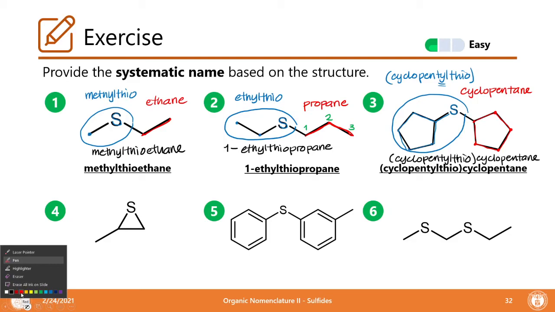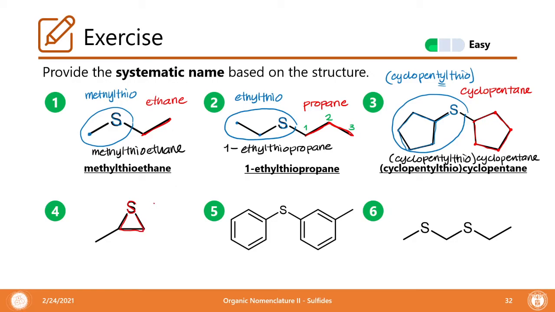Here we have a cyclic sulfide. If you recall, we can only use the thiirane or oxirane method in naming a cyclic sulfide or a cyclic sulfur epoxide like this. Let's determine the parent name.